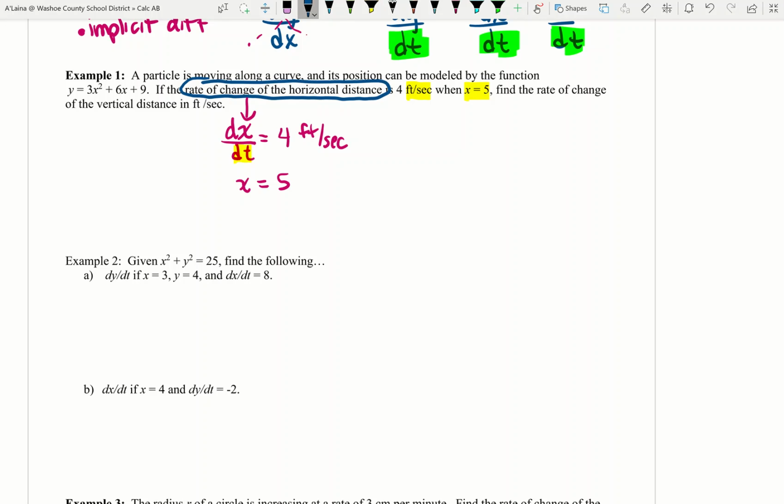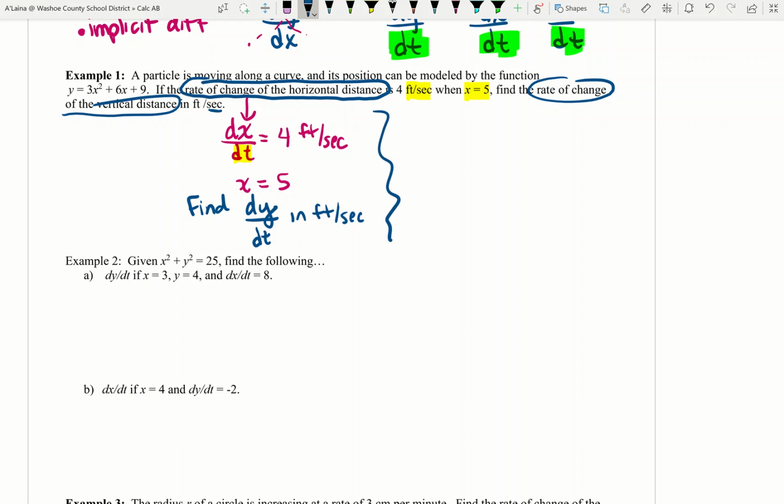Continuing on with this problem, we want to find the rate of change of the vertical distance. So what we're trying to find is the rate of change, that means the derivative, of y with respect to x, or with respect to time again, because this is in feet per second. So they're kind of helping us understand that this is with respect to time with some of these labels for units.